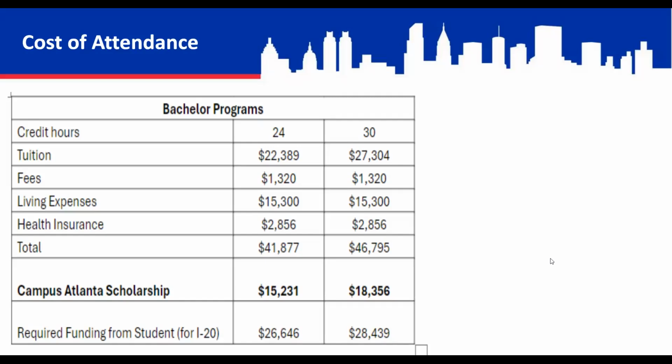The next one is mandatory, the health insurance. That is mandatory for all international students, except everything has an exception, right? The exception here are the students who are here in the United States, have a health insurance offered by a US underwriter.